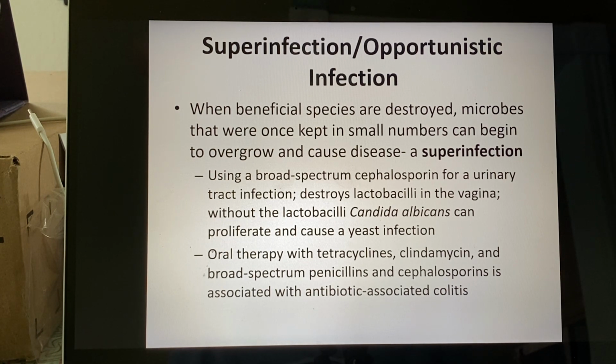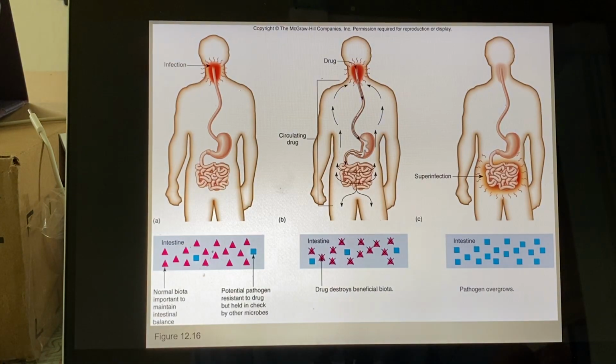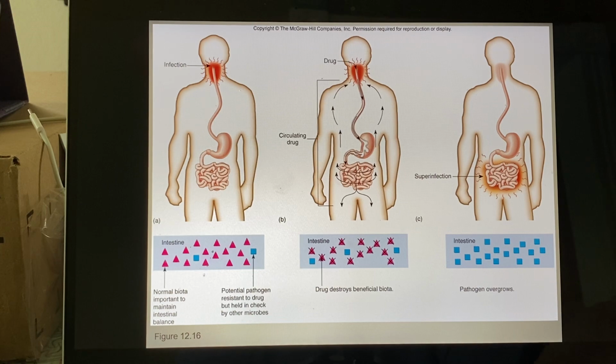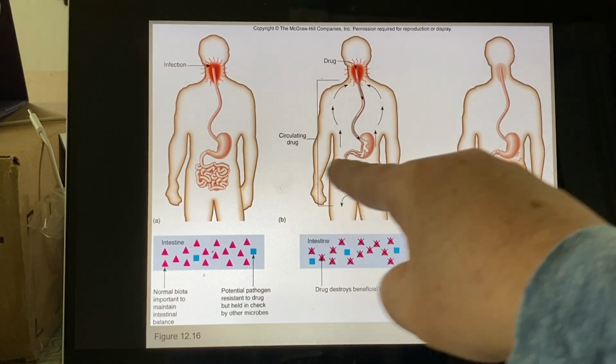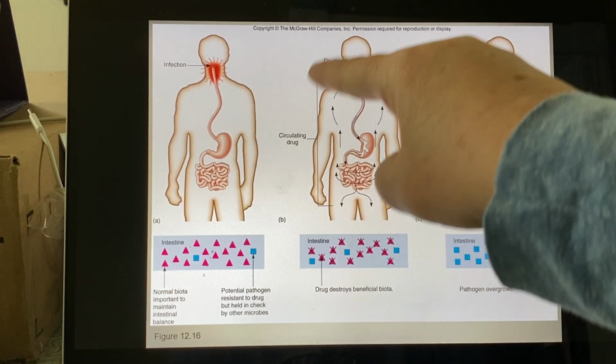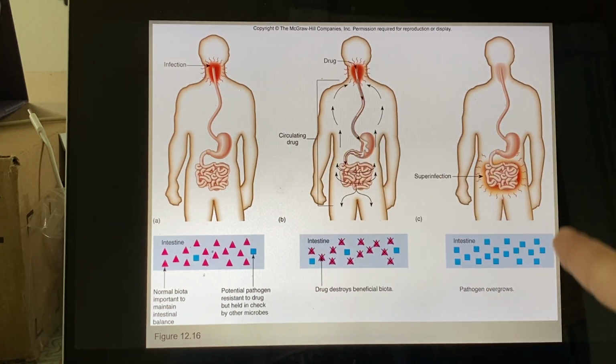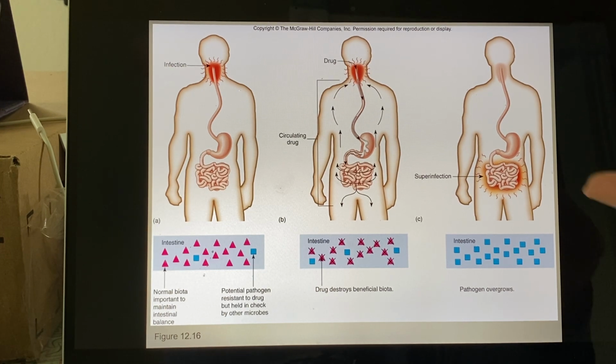There's going to be a lot of collateral damage along with it. But that's what a superinfection or an opportunistic infection is. Anyway, this is basically showing you what happens. Take an antibiotic, and remember, once you take antibiotics, it's going everywhere in the body. So you may have an infection in your throat, but guess what? Now it's everywhere, and it's going to kill bacteria in other environments as well. Right here, it's shown in the gut, and now a bad guy can potentially overgrow.